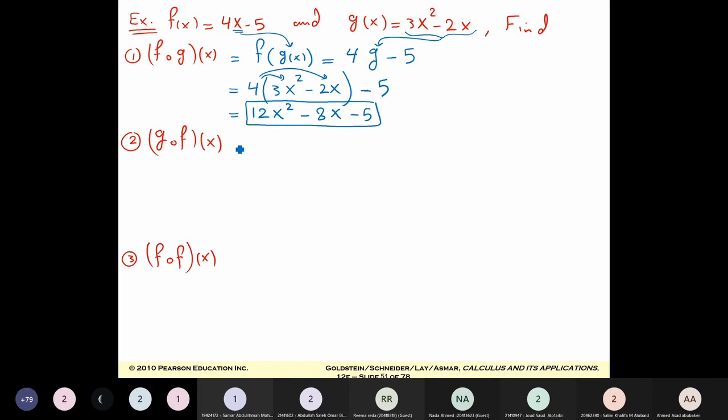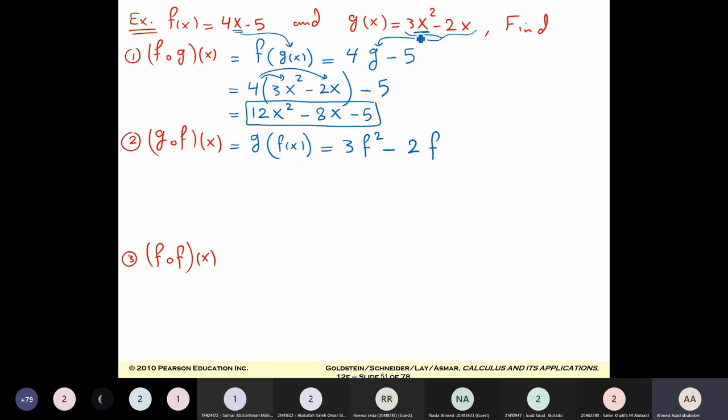Now, g composite f means we need to substitute f in g. So this equals, look at the g. We have 3x squared minus 2x. This is the g. Replace x with f, so we have 3f squared minus 2f.